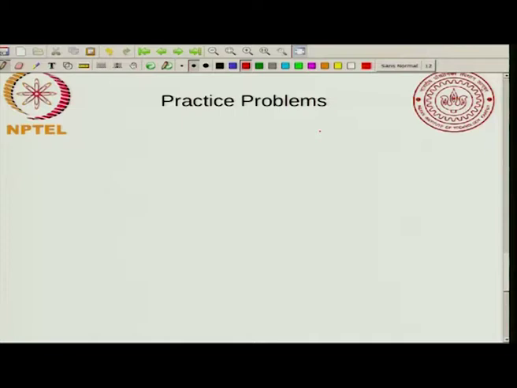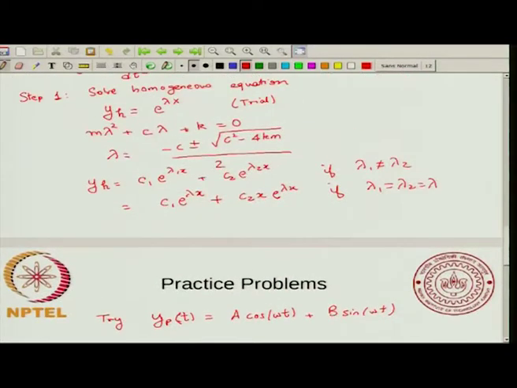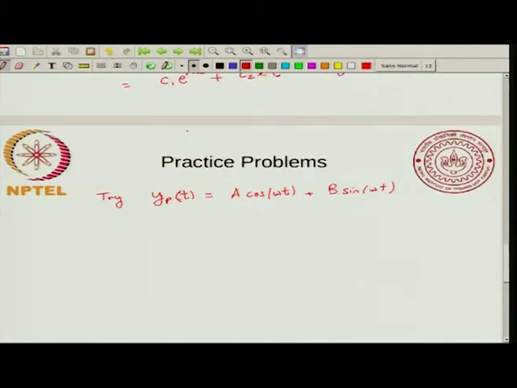So try yp of t equal to a cos omega t plus b sin omega t. Should I use the same a and b? No, I can use a and b.